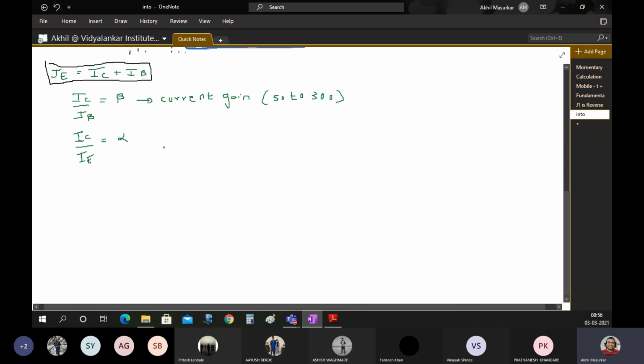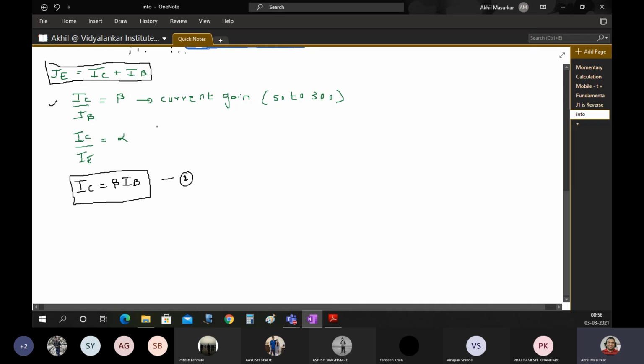So now we can see that in the first place IC is equal to beta times IB, because you just cross multiply from this equation. Now I'll call this 2 and I'll call this 1.